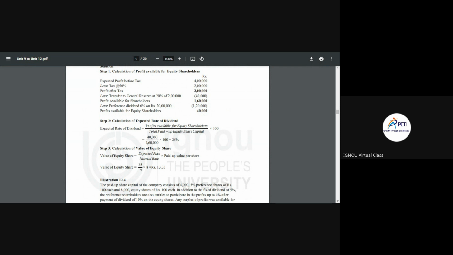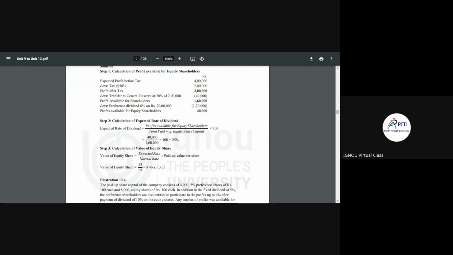Then we have the second step, calculation of expected rate of dividend. Profit available for equity shareholders is divided by total paid up equity share capital multiplied by 100.